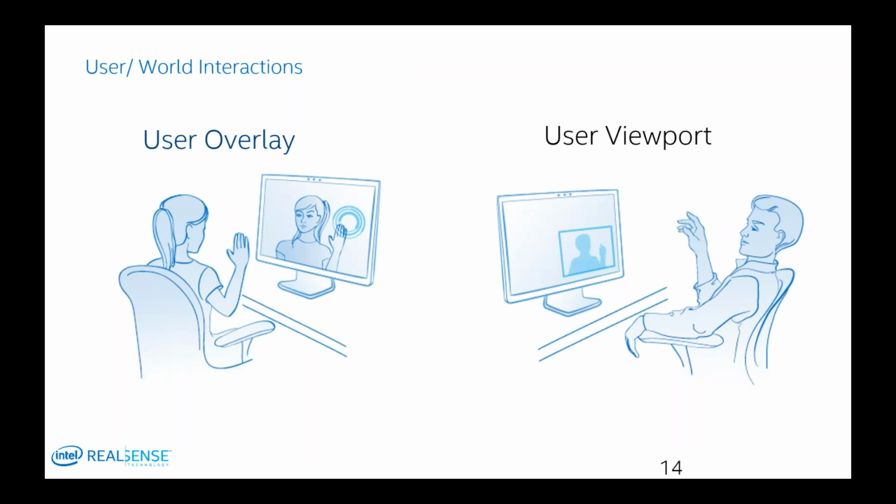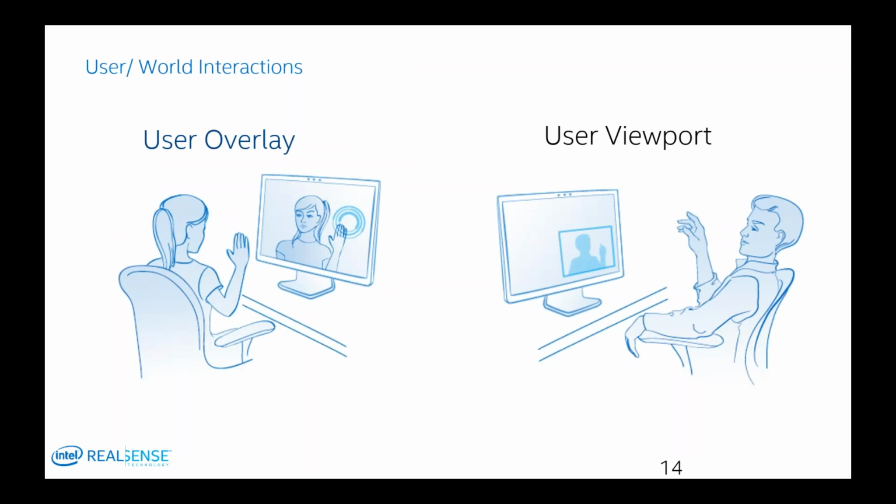A good thing you can do is to have an overlay in the background of your application showing the user, if you really want precise 3D interactions, so the user knows exactly what the application is seeing. Or you can put a small viewport on the bottom right. In this picture, you can see the full user with tracking, but you don't necessarily need to show the whole user.